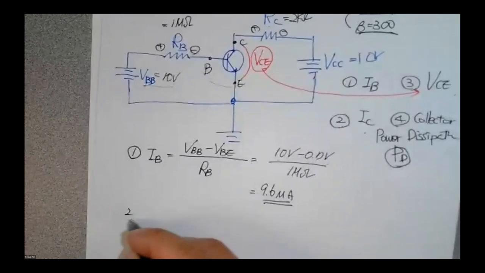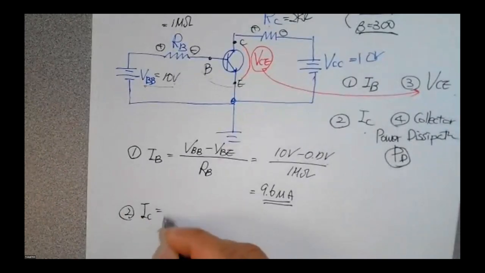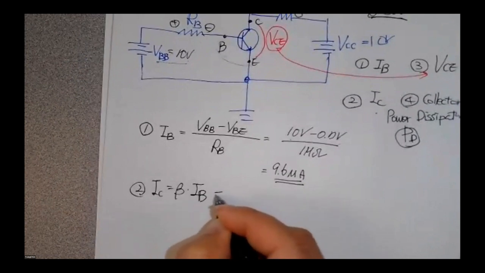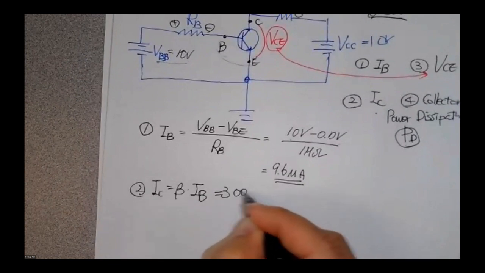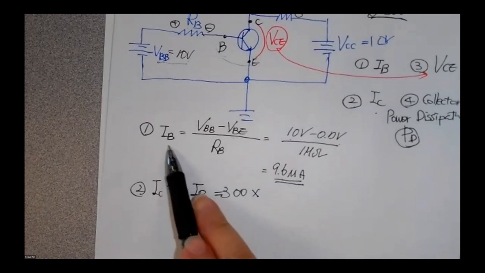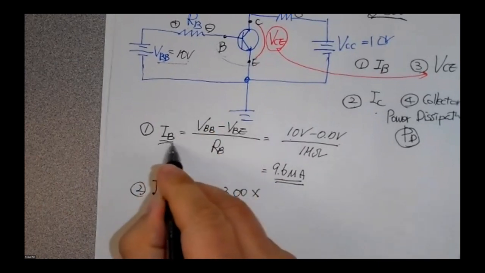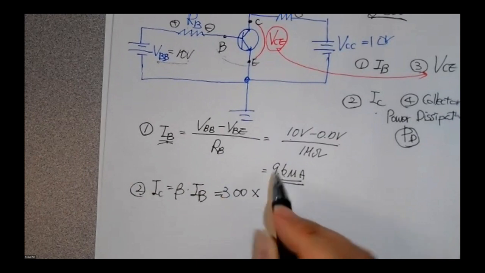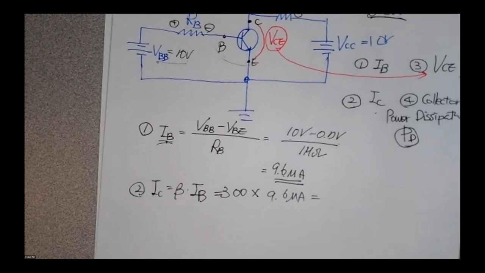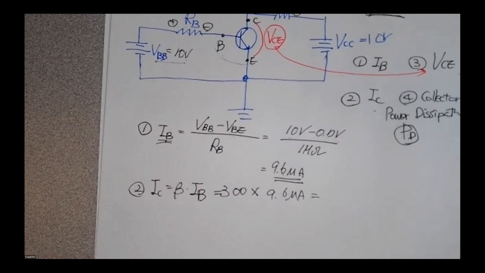So the I sub C is beta times the I sub B. The beta 300 multiply the I sub B, 9.3 microamp. After calculating, multiply 10 to the minus 6.